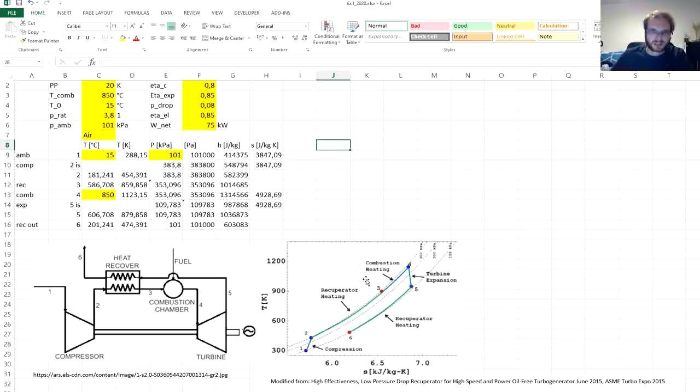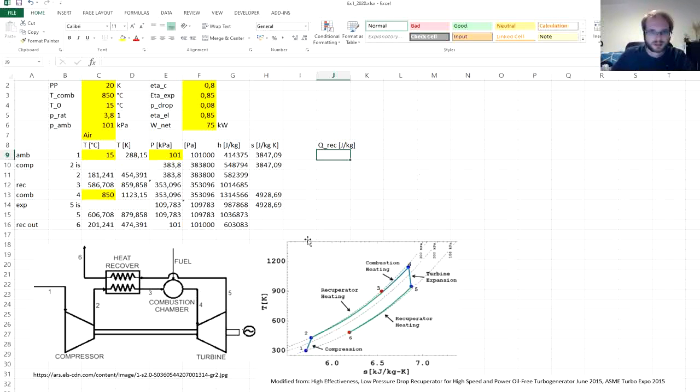So let's see how much heat we transfer between point 3 and 2, and if it's the same amount as between 5 and 6. So let's write some Q, parameter Q recuperated. Let's have units. Let's have the same as heat. Enthalpy joule per kilogram.